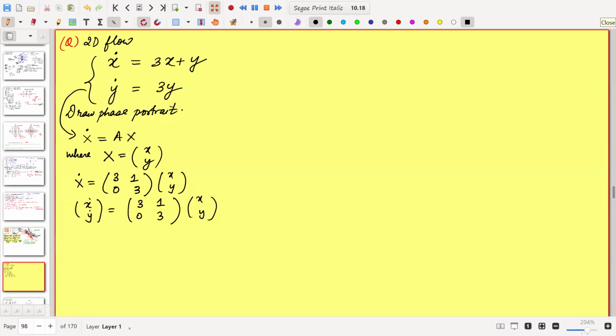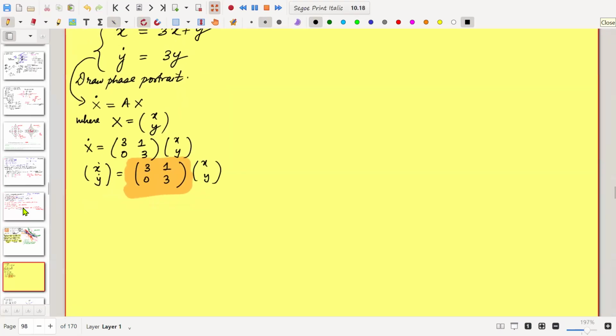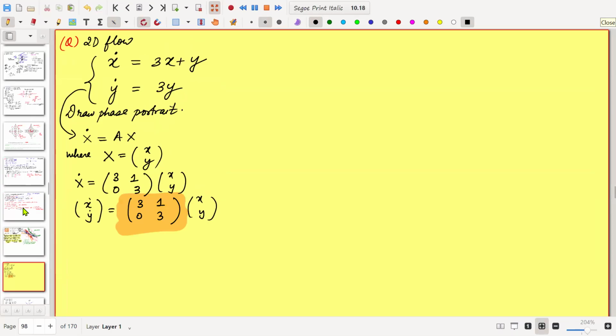Fine? Okay. So can you tell me the eigenvalues for this? The whole flow depends on this eigenvalue, right? What are the eigenvalues of this matrix? There is only one eigenvalue, isn't it? Why?